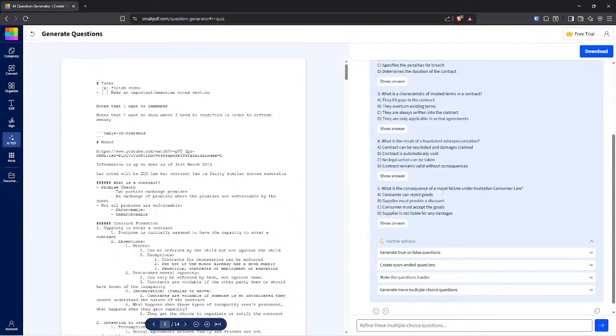What is the characteristic of implied terms in a contract? They fill in the gaps of the contract. I think it's A. They overturn existing terms. No, definitely not. They are always written into the contract. No, because they're implied. They are only applicable. No, they fill in the gaps of the contract because an implied term is something that doesn't need to be specifically in the contract.